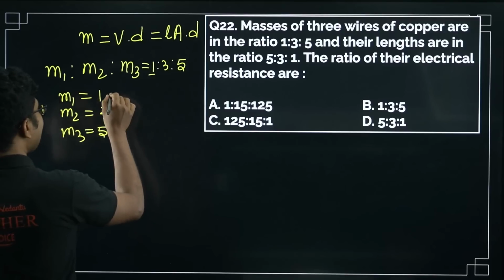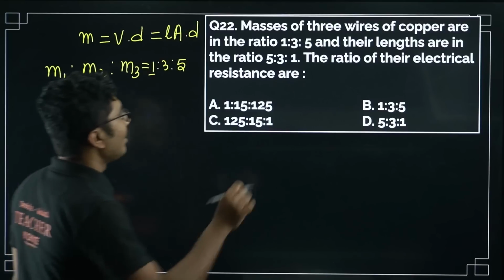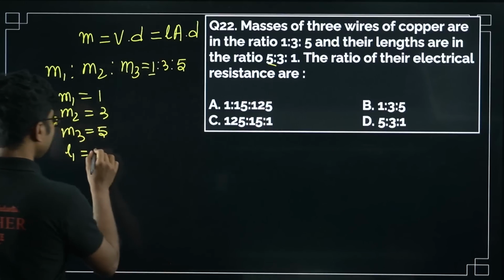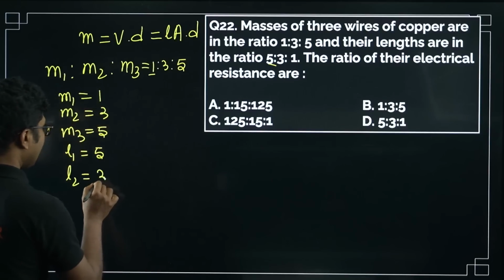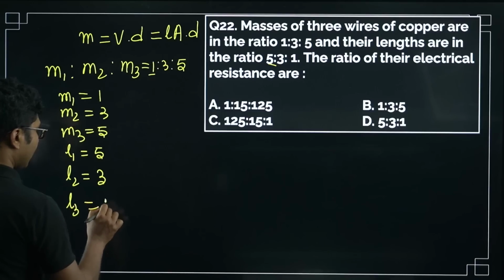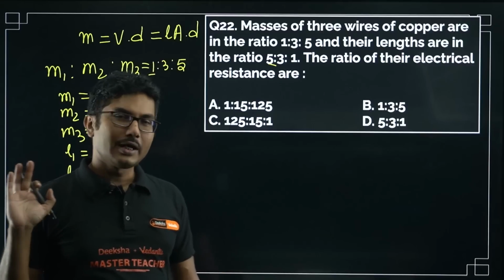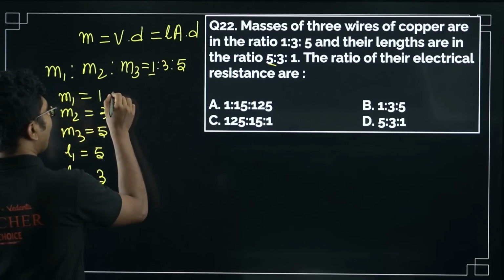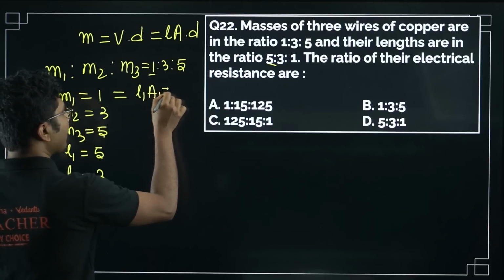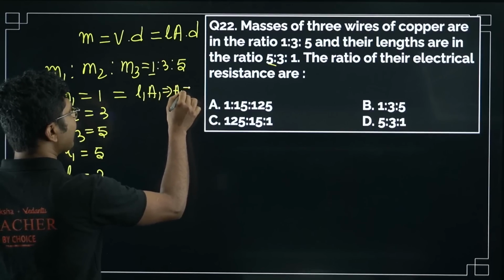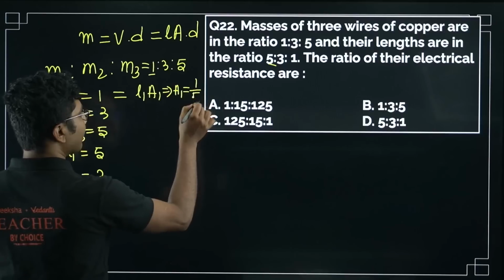Similarly, for lengths, we consider L1 equals 5, L2 equals 3, and L3 equals 1. We will assume the constant of proportionality to be 1. Now, M1 is equal to L1 into A1, so A1 is 1 upon L1, that is 1 upon 5.